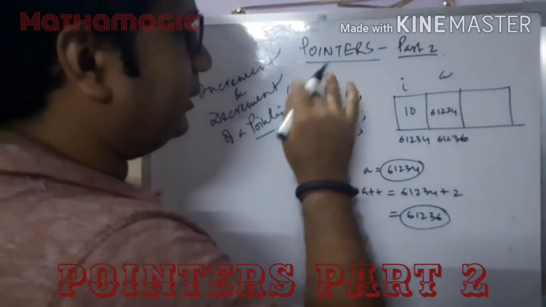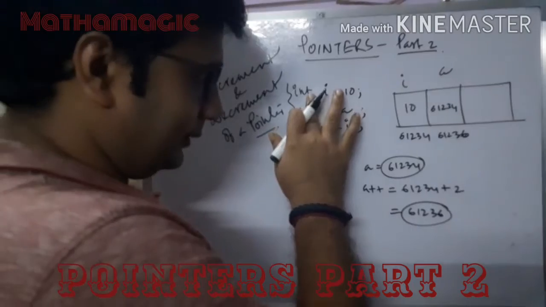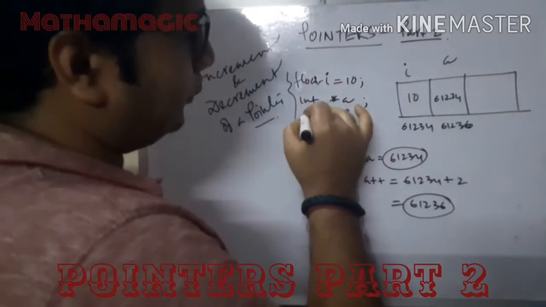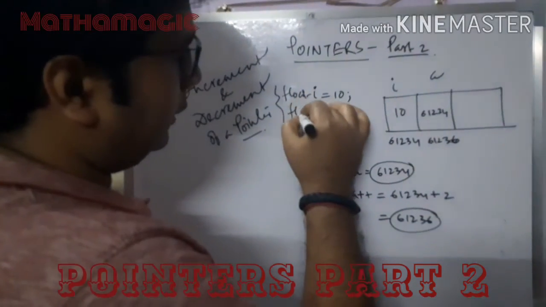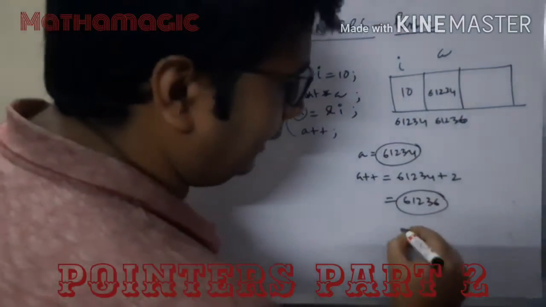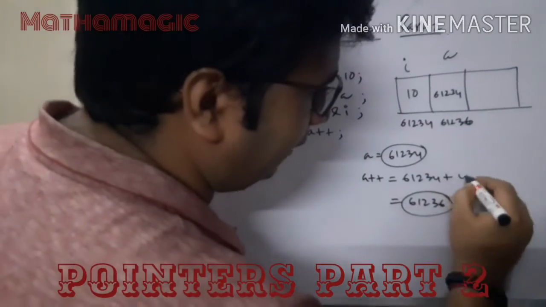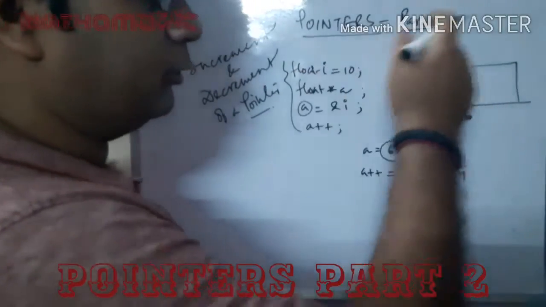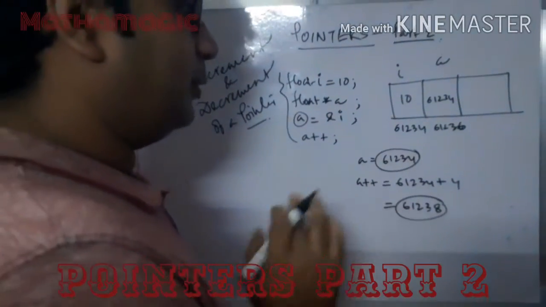Whereas if we take this int as a float, then it will definitely be incremented by 4, so it will be 61238, because we know that a float variable holds 4 bytes of memory.